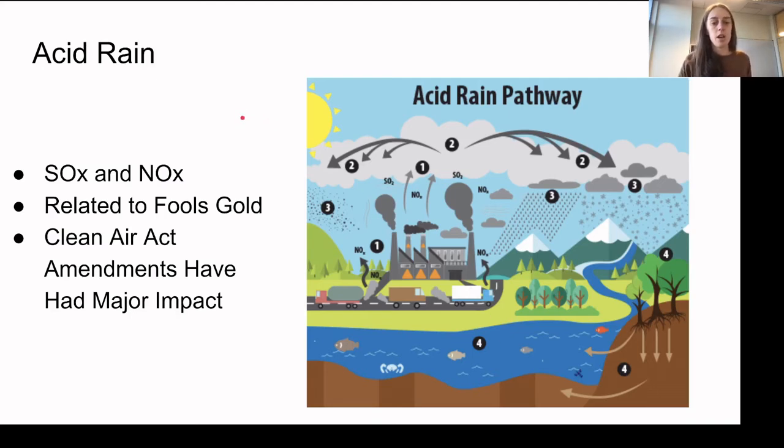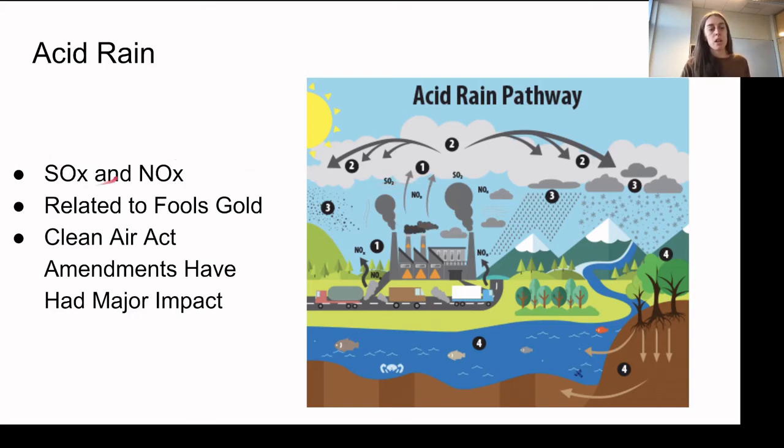The other anthropogenic side of things that we have now in the environment is acid rain. And while it isn't anywhere near as big of an issue as it was previously, it still is something that everyone should know about. So if we have things like coal, particularly really high sulfur coal, and we put it into our coal-fired power plants and we burn it, we end up putting that sulfur and various forms of nitrogen up into the atmosphere.